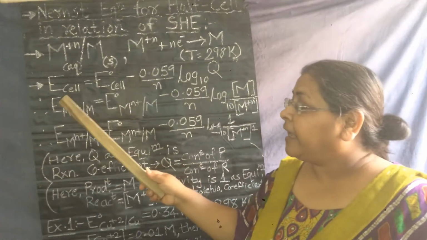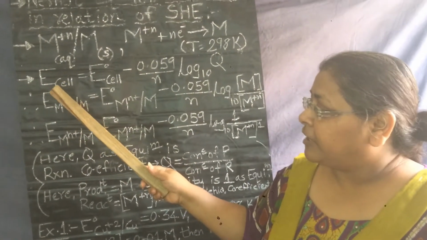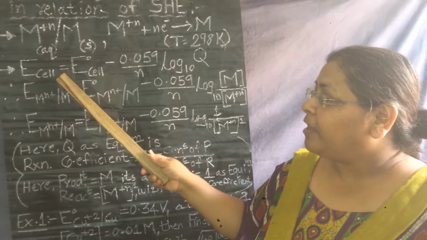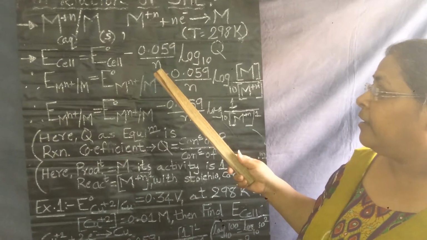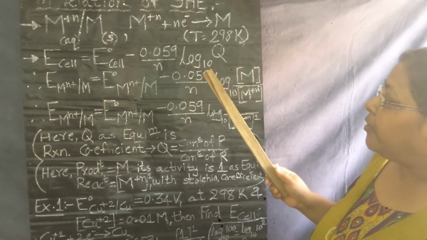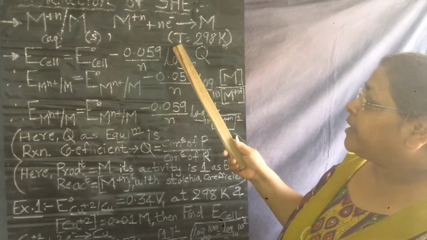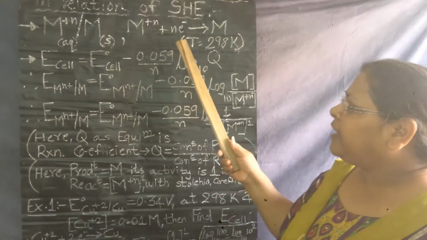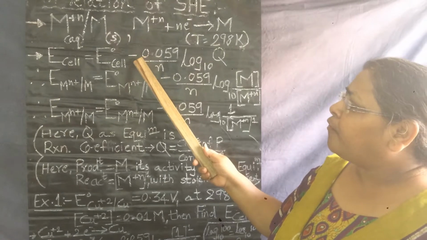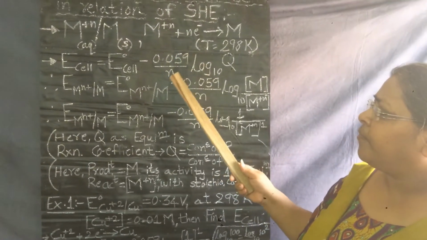Now applying our Nernst equation, E cell is equal to E standard cell minus 0.059 upon n log Q base 10. Here you see the temperature is 298 Kelvin, so without any other calculation, we can go for 0.059 upon n.